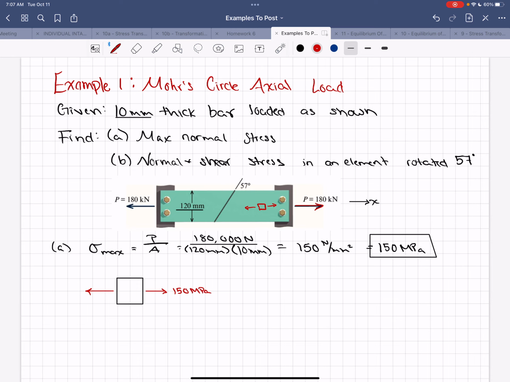Okay, so now we're supposed to look at an element at 57 degrees. So this element looks something like that.